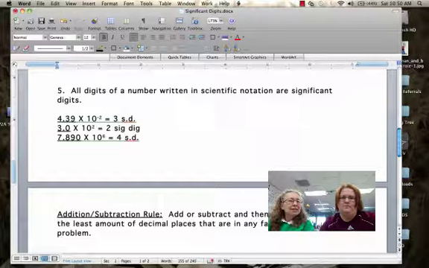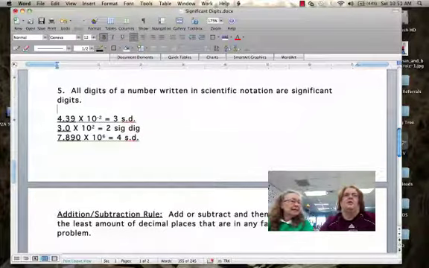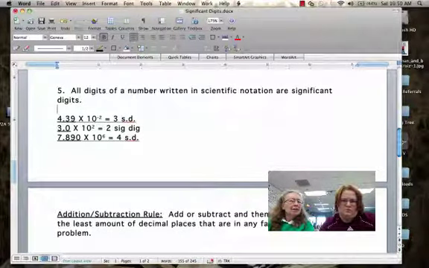And let's look at that second example, because that's what I was talking about. When you have 3.0 times 10 to the second, that's the way that you can write 30 to show that you have 2 Sig Digs. Because 4.39 times 10 to the negative second would have 3 Sig Digs, because all of those values are measurements that were made or the final estimated digit.